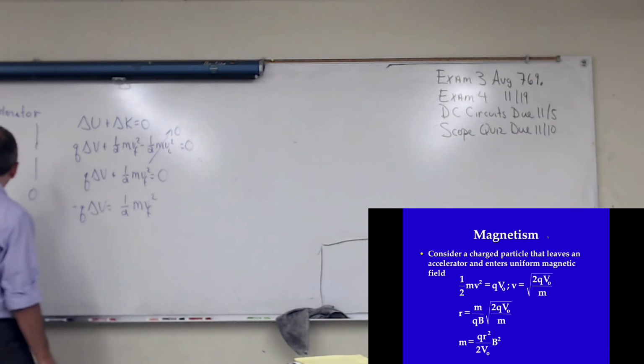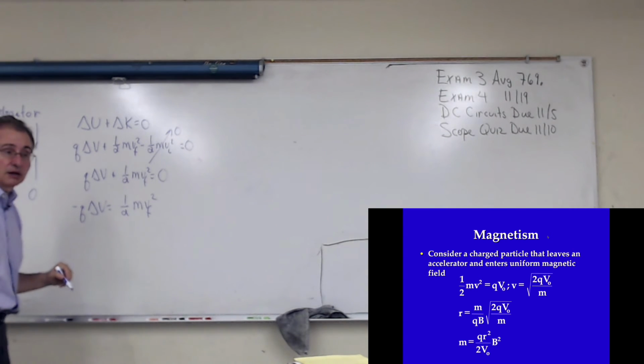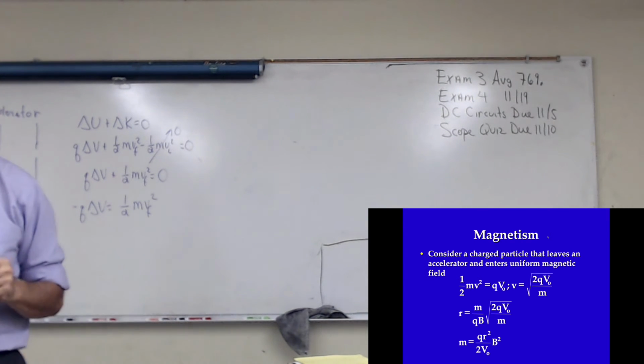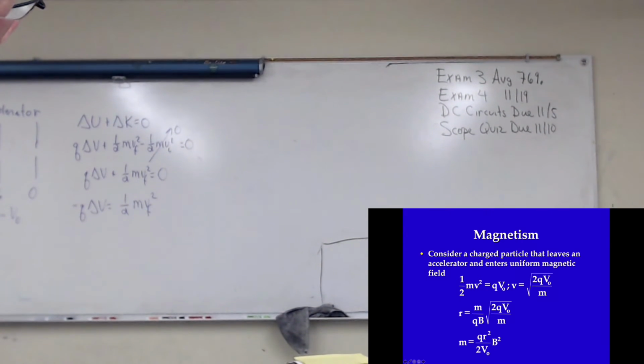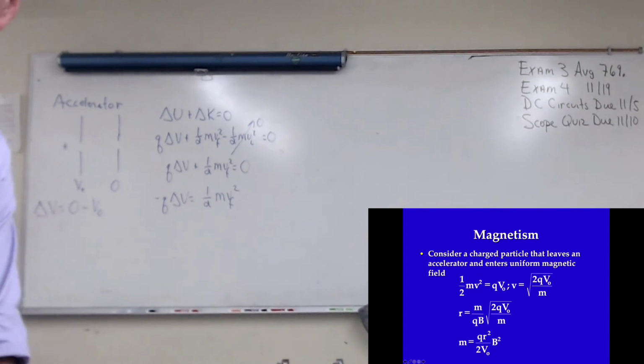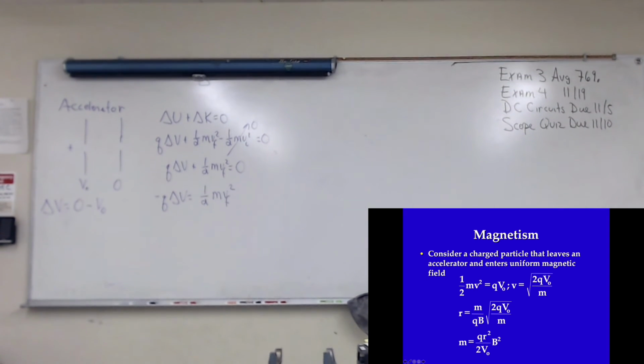Well, what's delta V? Delta V here is the final potential minus... Professor? The initial. Yeah. I don't know if it's the same for everybody else, but the accelerator's getting a little cut off in the picture. Oh, it is. You're right. Sorry. I wonder what happened. No worries. Let me fix the camera. Sorry, I'm too close to the camera. No worries. That's perfect. Now we can see the whole thing. Is it blurry or is it okay?